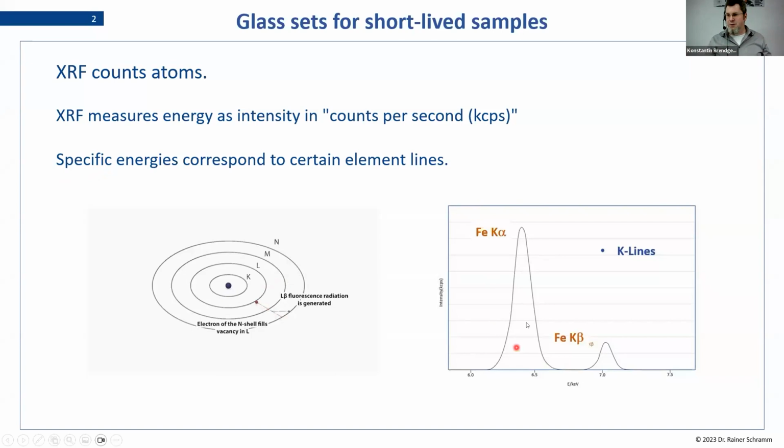As an example, we have iron down here, and we have the K alpha and K beta lines. What the spectrometer is doing for us is simply counting the amount of atoms inside a sample that we measure.